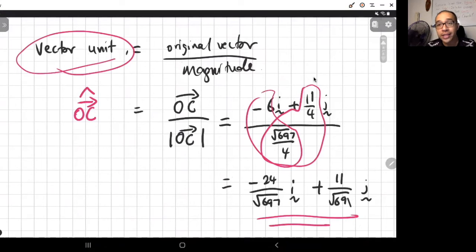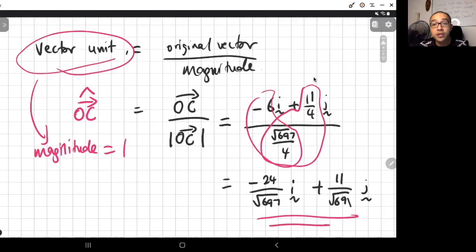What is a vector unit? A vector unit or unit vector is a vector where the magnitude is equals to 1. Interestingly, a unit vector is a vector where when you calculate the magnitude, you will get the value of 1.